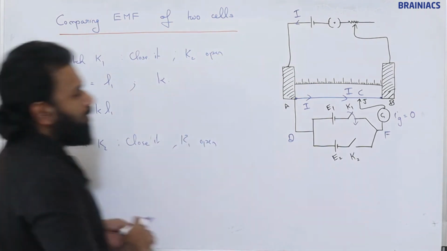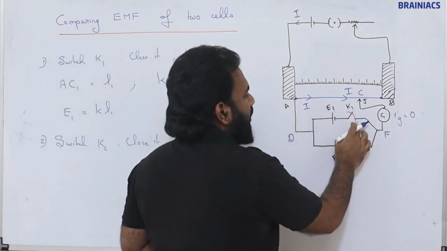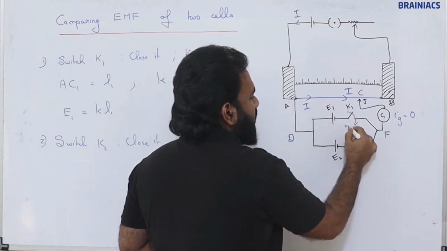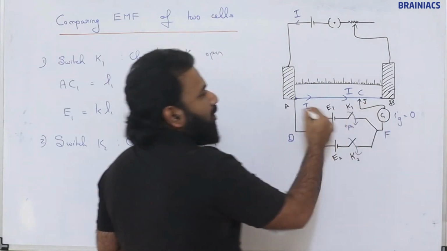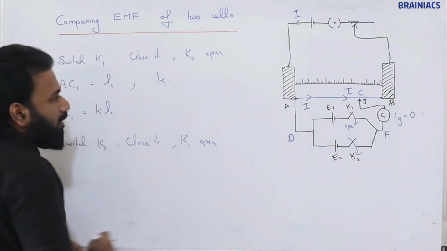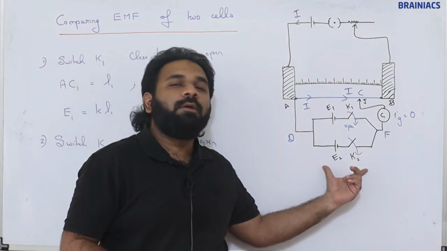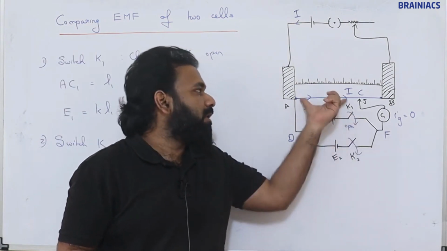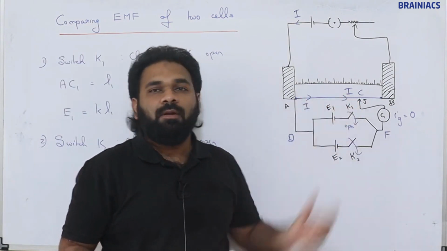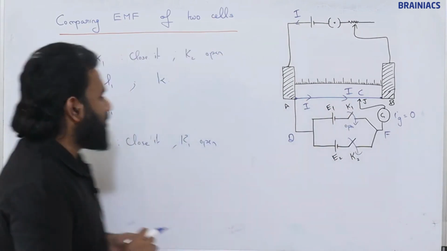So now this is open, this is closed. Now again we will move this jockey, and at one point the galvanometer current will become 0 based on this potential. When this potential is equal to this potential, current will become 0.